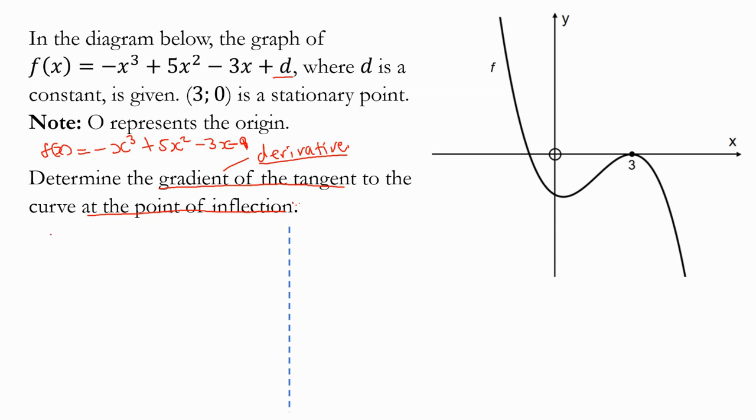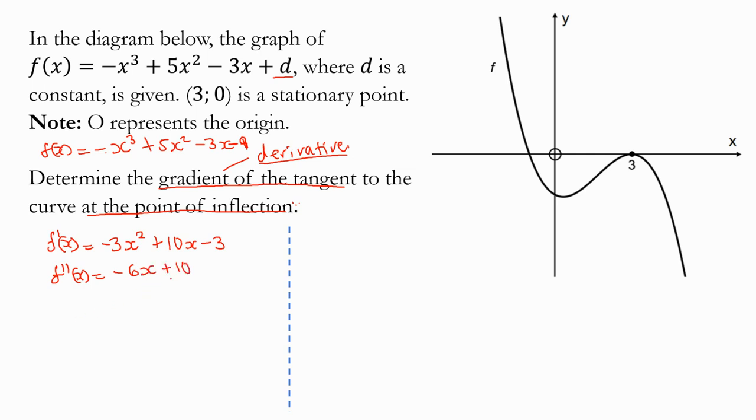So let's do our first derivative. f prime x is going to be 3 times negative 1 is negative 3x squared, plus 2 times 5 is 10x, and then the derivative of negative 3x will be negative 3. The derivative of a constant is 0. And then we do the second derivative. It's going to be negative 6x plus 10.